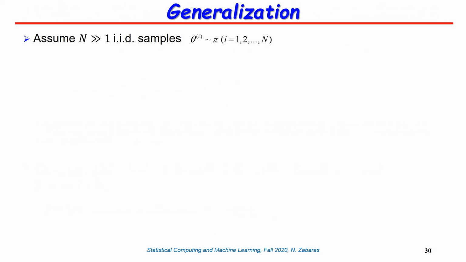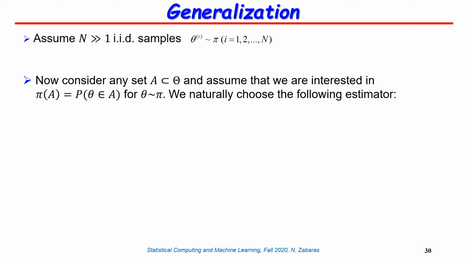So let's try to generalize what we have seen for the circle experiments. Before, you remember, we took samples by throwing the dart on this square. But now let me generalize this, and let me say that I'm taking samples from any distribution pi. Before, those samples were coming effectively from a uniform distribution defined over the square that we had.